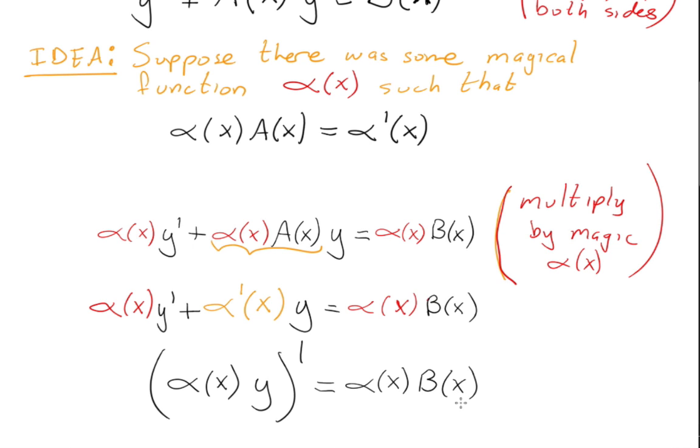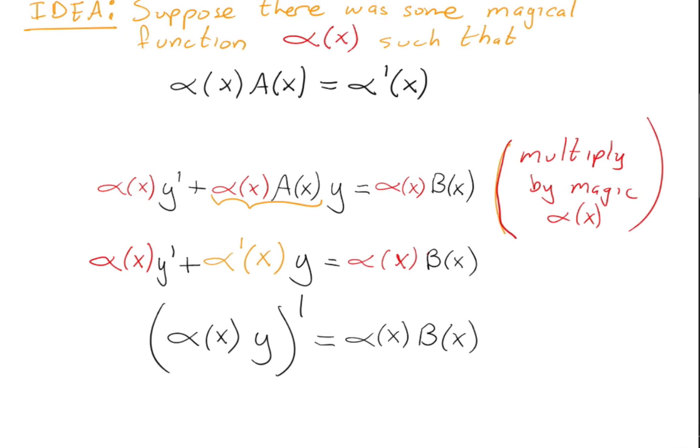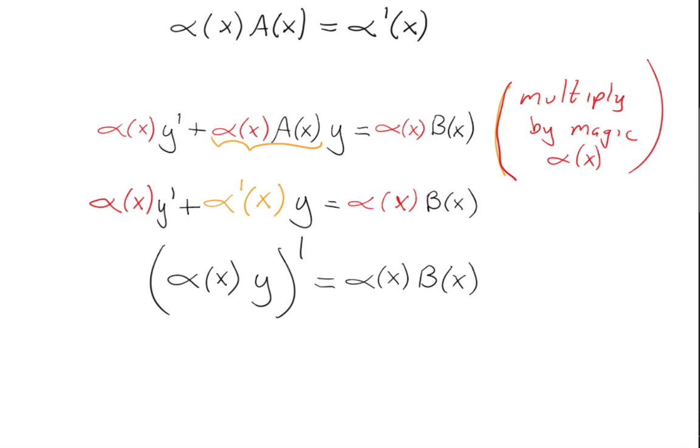Okay, and then now you look at this, and what can you do to get rid of the prime? Integrate both sides, right? So we integrate both sides with respect to x, right? So we should write this down. So we integrate both sides.